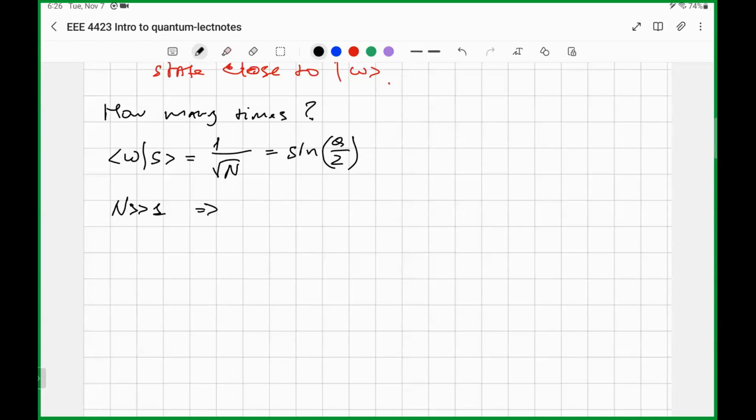Since n is very large, 1 over square root of n is very small, so sine theta over 2 is also small. If we Taylor expand this sine, we take the very first term in this series, which is theta over 2, if n is very large.